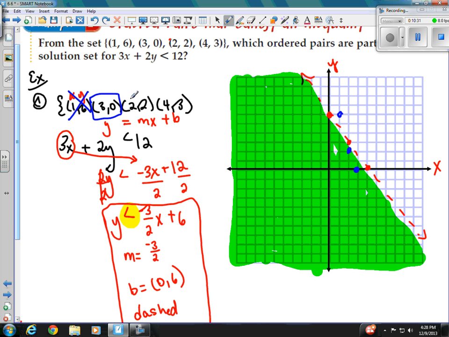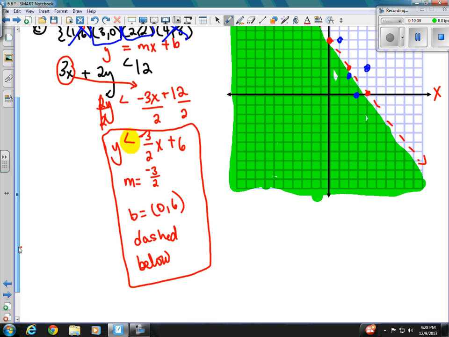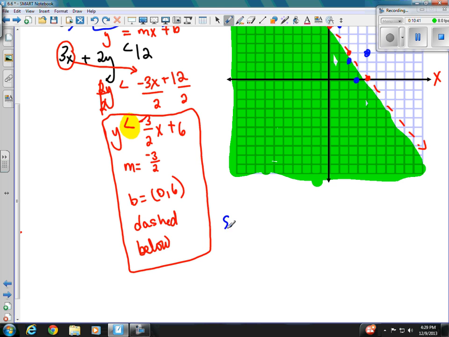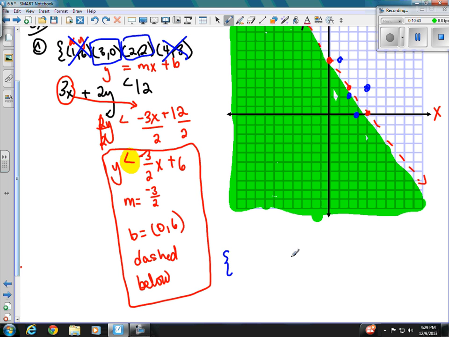That's also green, so it's a solution. Then 4, 3, so right 4, up 3, that one's not, so that one's not a solution. So our solution set for this would be 3, 0 and 2, 2. There we go, and we just found our solution region.